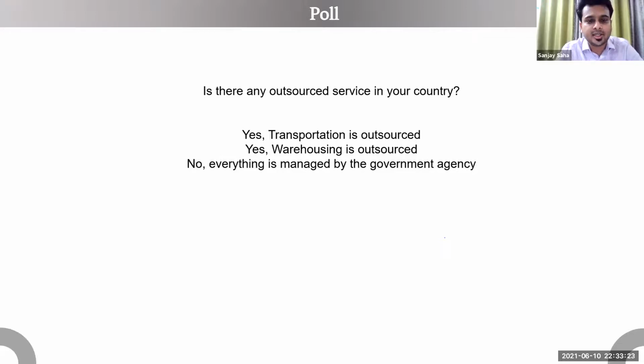And then there are about 5 participants who are also saying that everything is managed by one organization. Okay. So let me end the poll here. I don't want to take too much time on the poll, but you can see the results on your screen now. So the majority are saying that transportation is outsourced, but then there are some participants who are also saying that there is no outsourcing.